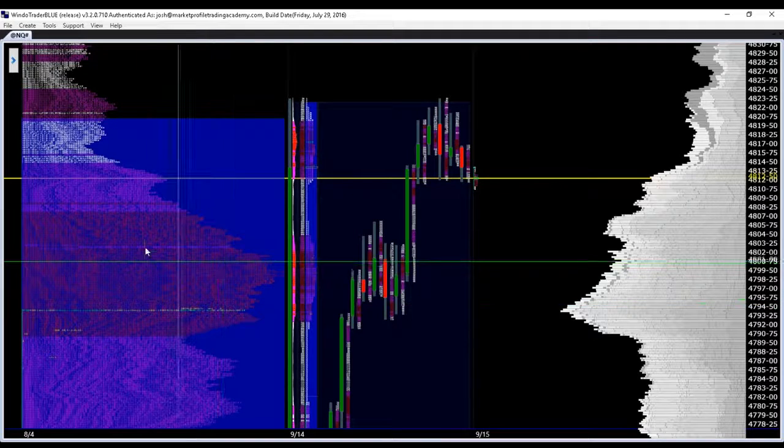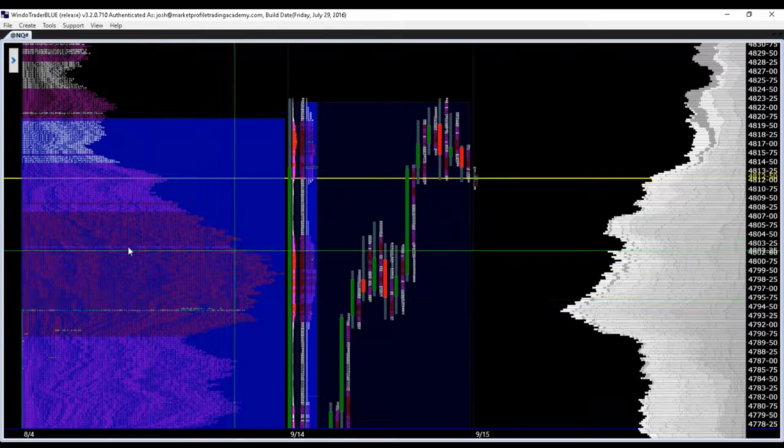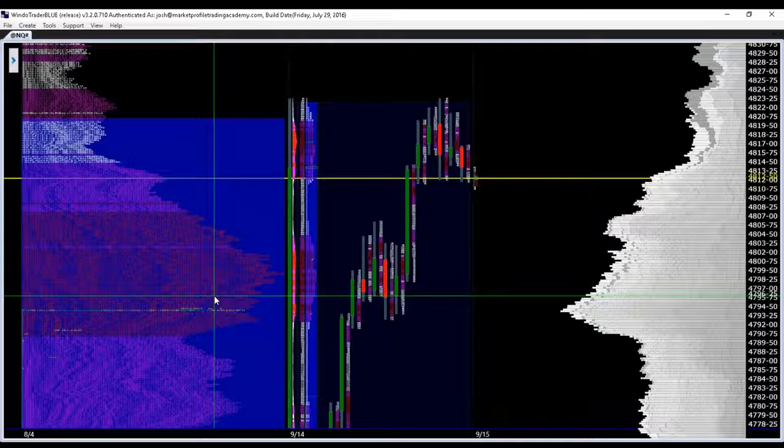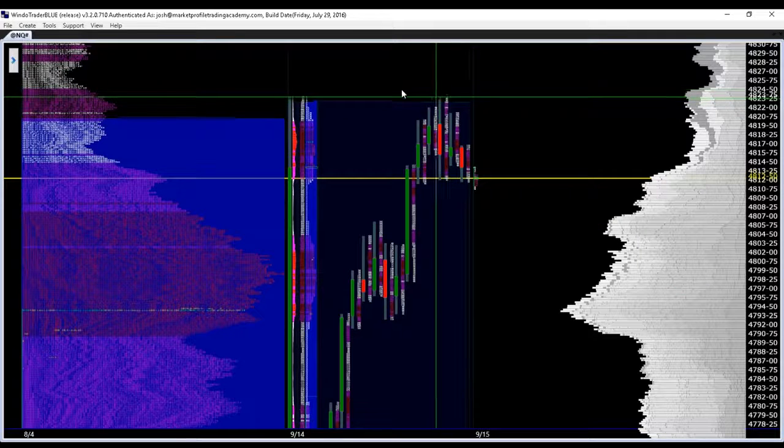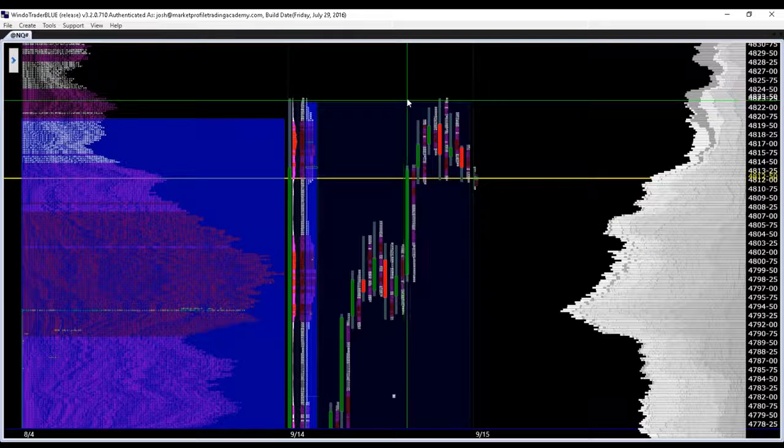So I'm using these zones as support and resistance, and I think that's a key distinguishing factor: using profiling to find zones of support and resistance, relative to a classic chart, where someone's just looking at time and price. They may say, oh well, there's an extreme at the top, is that an area I could use to look at rejection?